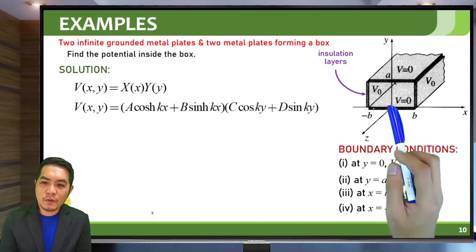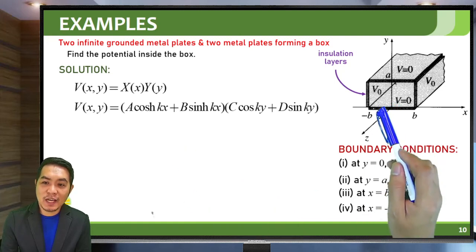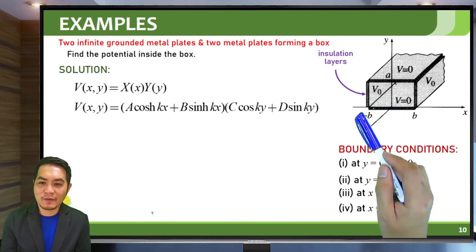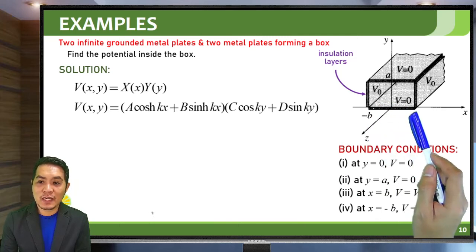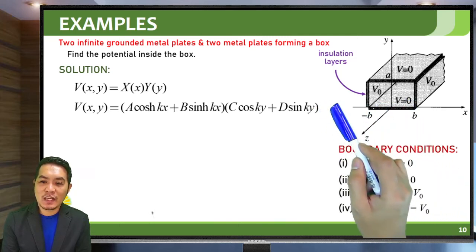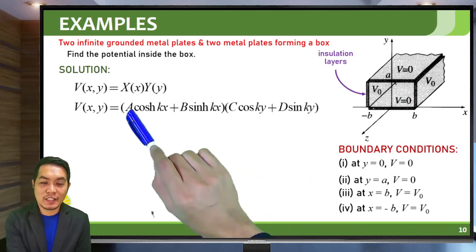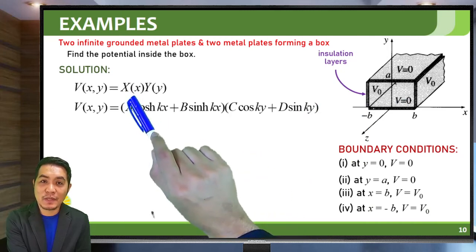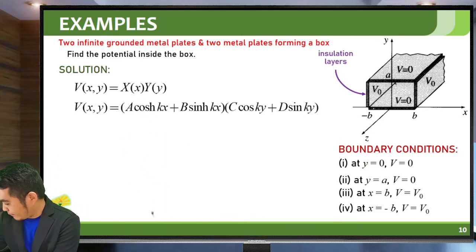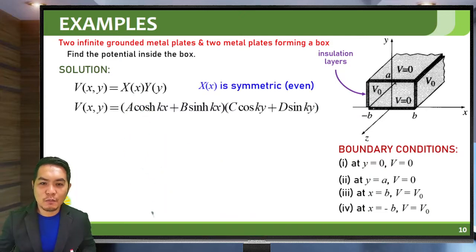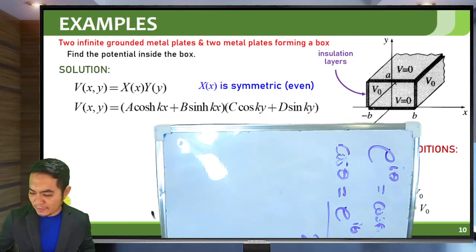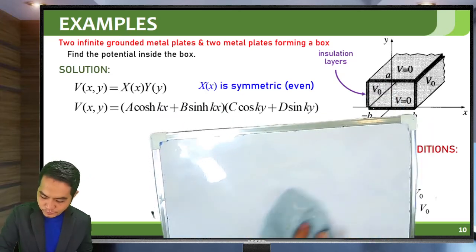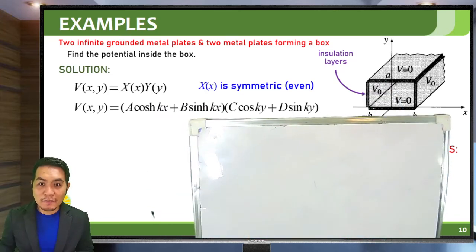Now, if you'll notice here, there is a symmetry along the x-axis from negative b to positive b. This means that the potential along the x-axis, which is described by this function X, must be symmetric. Again, when you say symmetric, you mean that it's an even function. So what does an even function look like?